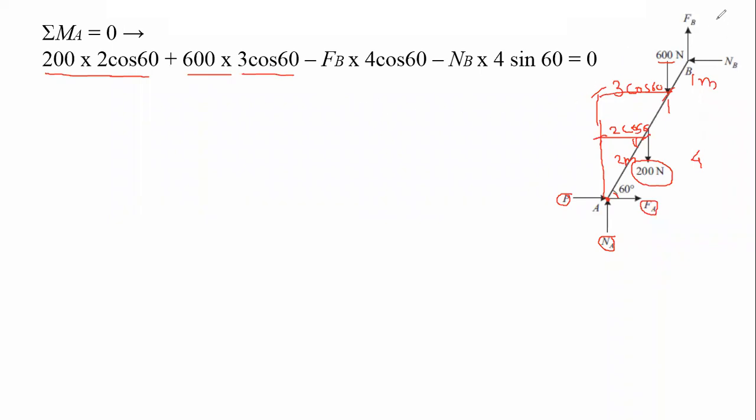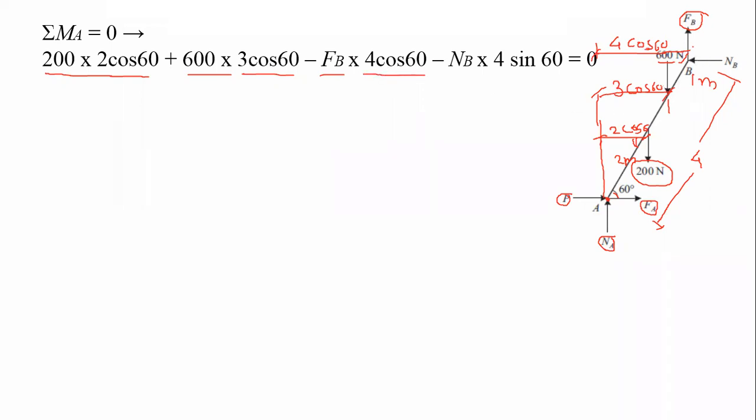Now here FB: the perpendicular distance increases because the total length is 4 meter, so the horizontal component will be 4 cos 60. Due to this FB, it makes an anti-clockwise movement about point A, that's why the minus term is taken here. Minus FB into 4 cos 60.